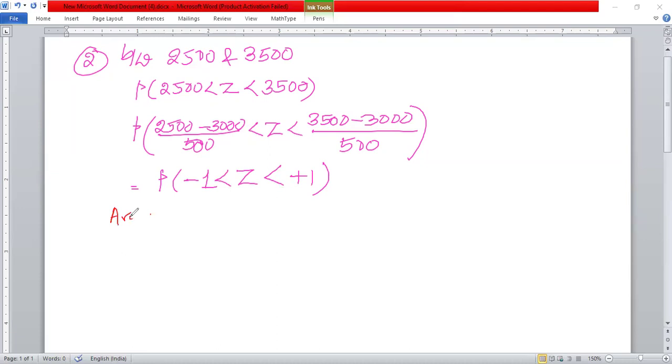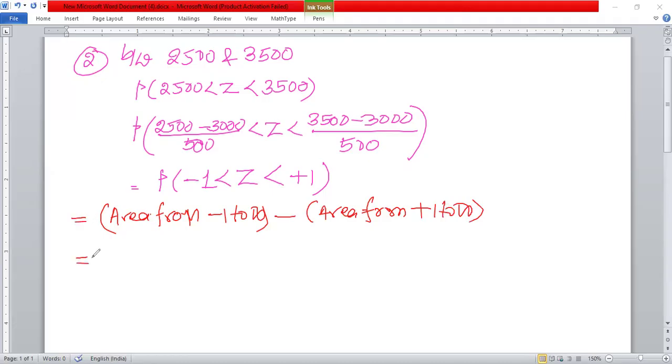Area from minus 1 to infinity, minus area from plus 1 to infinity.